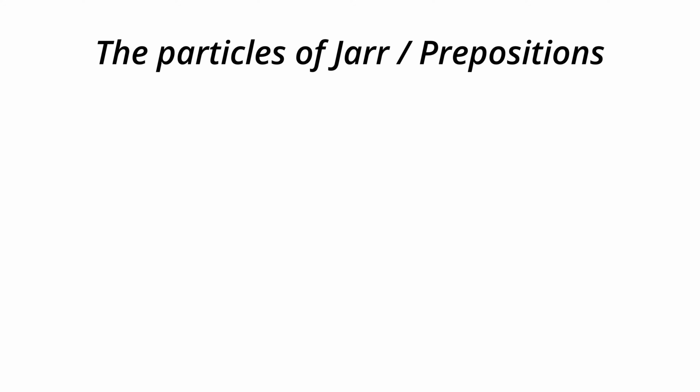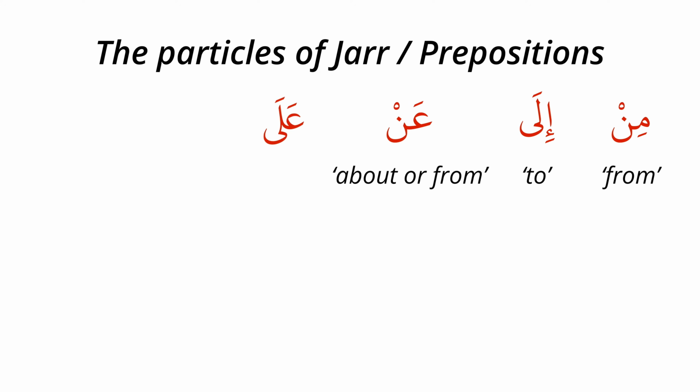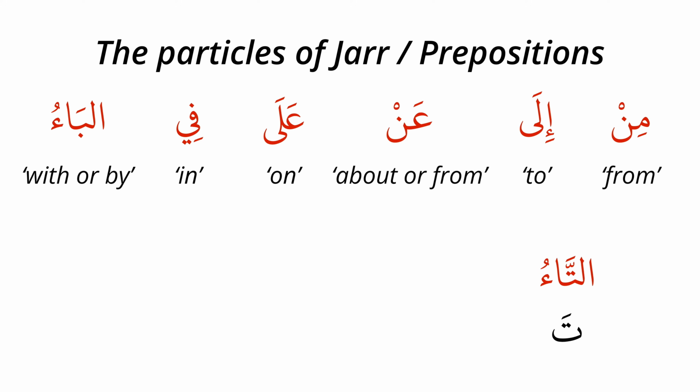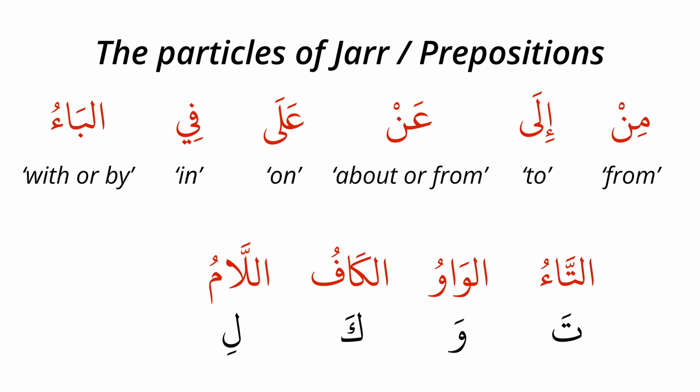However, in this lesson, I'm going to teach 11 of them, which are min, meaning from, ila, meaning to, an, meaning about or from, ala, meaning on, fi, meaning in, al-ba'u, that's the letter ba, meaning with or by, at-ta, the letter ta with a fathah on it, al-waw, the letter waw with a fathah on it, al-kaf, the letter kaf with a fathah on it, al-lam, the letter lam with a kasrah below it, and hatta, meaning until.